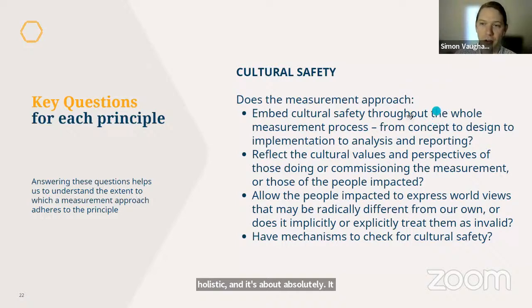That includes who is in charge of the concept, who is in charge of the design. So absolutely, when we're working with any group, First Nations or otherwise, we really believe that the people who are being impacted should be involved in the design of the measurement framework, and that's absolutely vital.